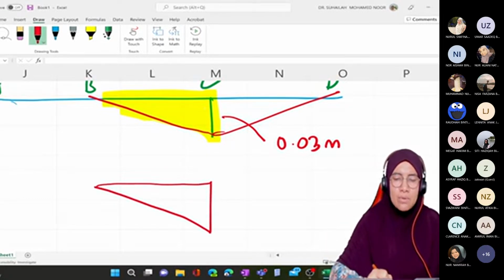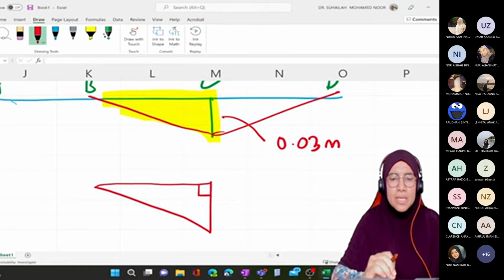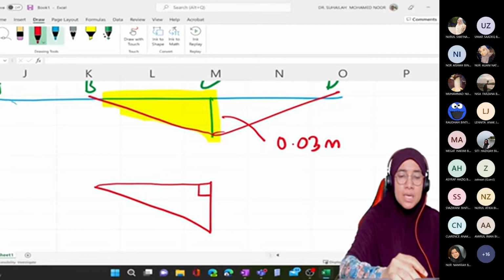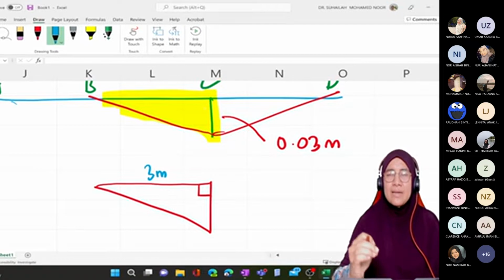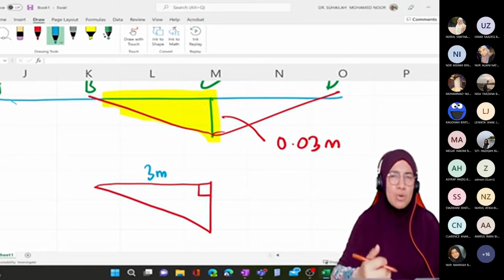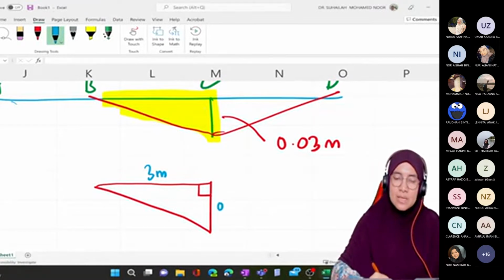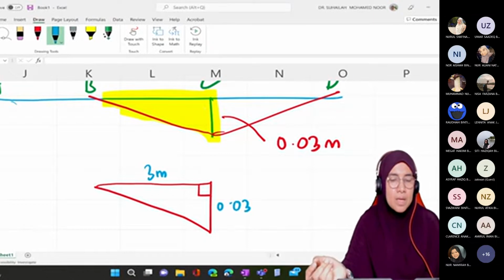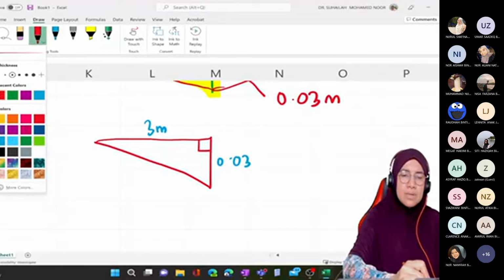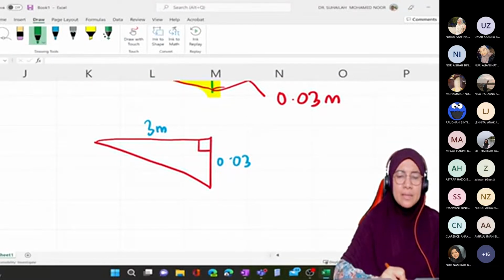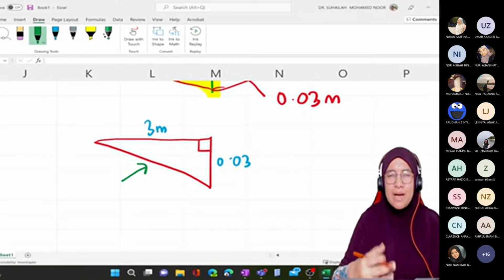Okay, this triangular is perpendicular. The length of member BC is 3 meter. That is the length, and delta is perpendicular to the length. The delta is 0.03. The incline represents the beam after settlement.